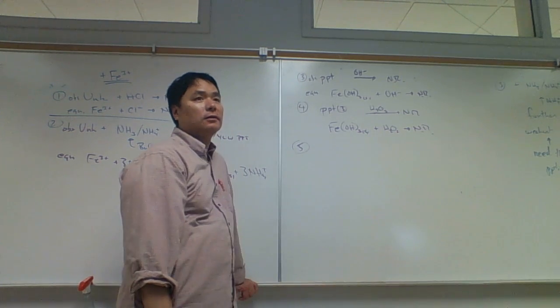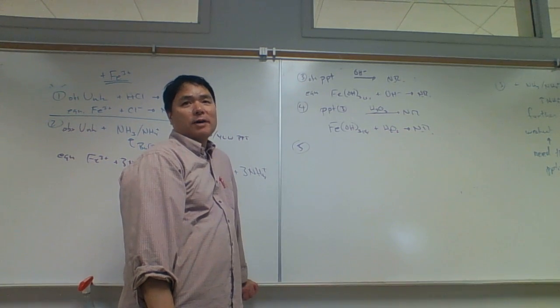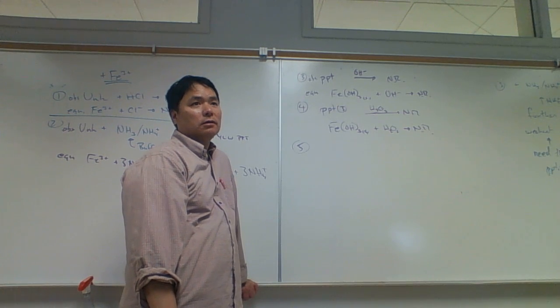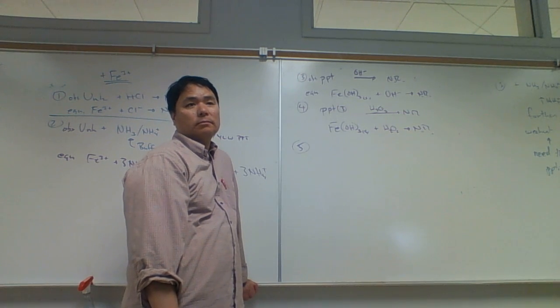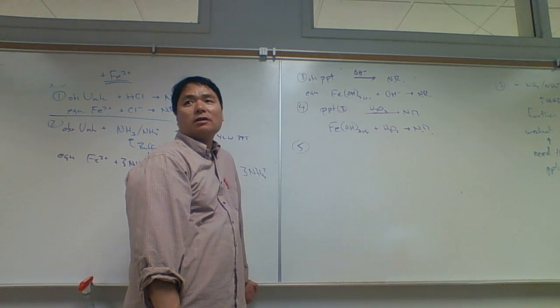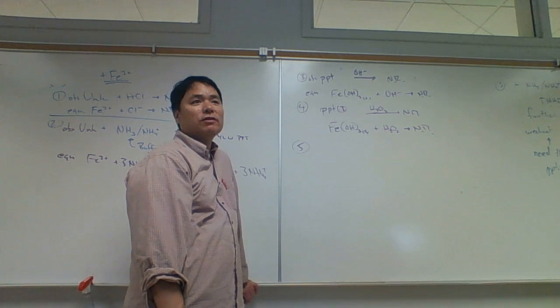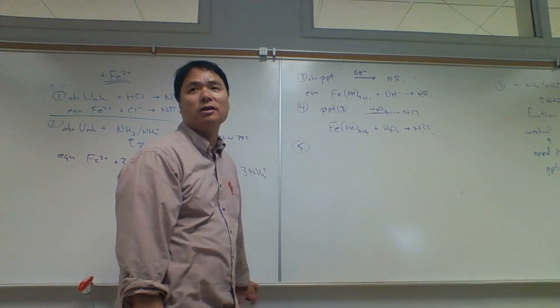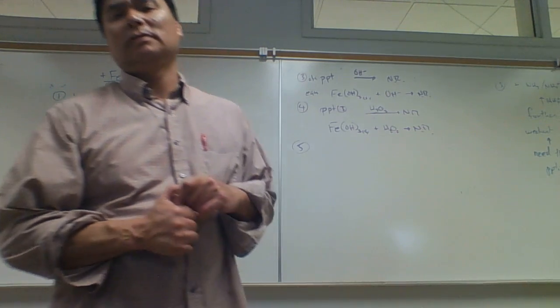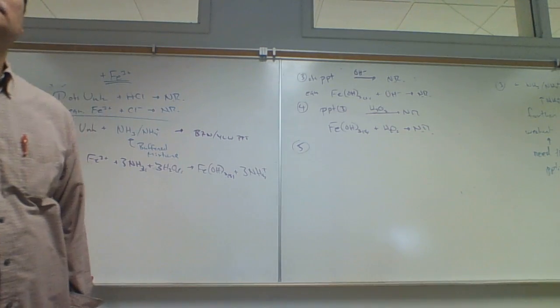Then what? We're just following along iron's path right now. Just go to the flow chart. Let's skip the procedure. Go to the flow chart. Tell me what happens next in the flow chart. You add hydrochloric acid.